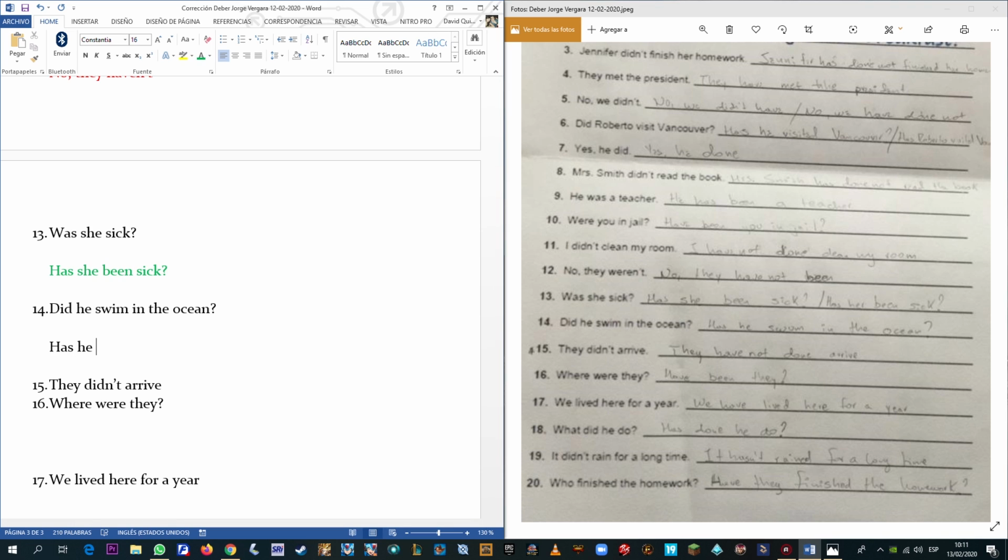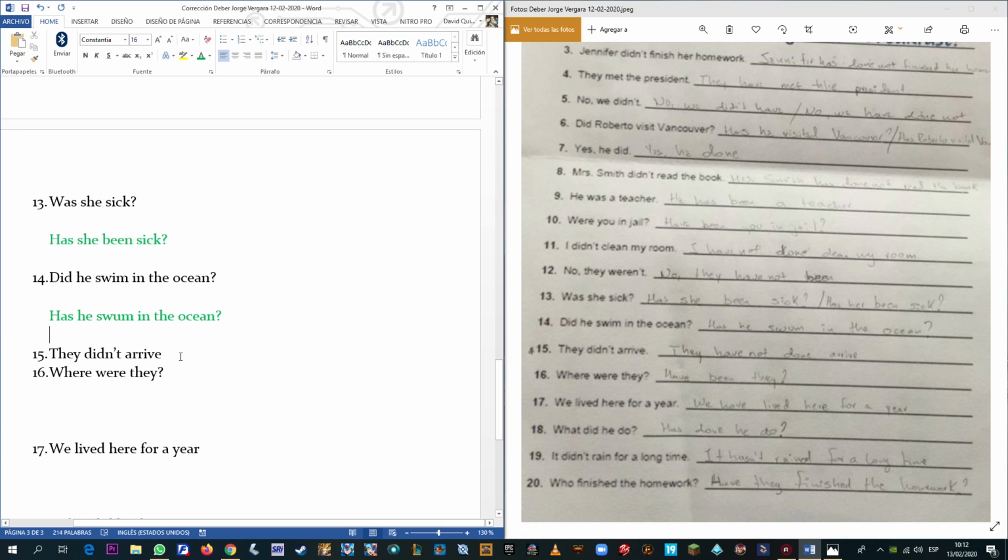Has he swum in the ocean? That's correct. The verb is correct, the structure is correct. That's it.